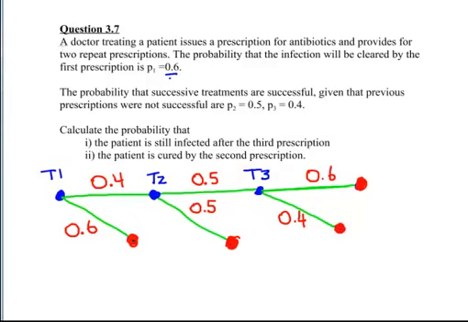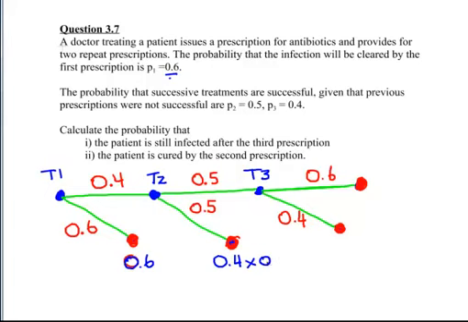So the probability of ending up here is 0.6, straightforward enough. What's the probability of ending down here? Well, the probability of being cured by the second treatment is 0.4 times 0.5.